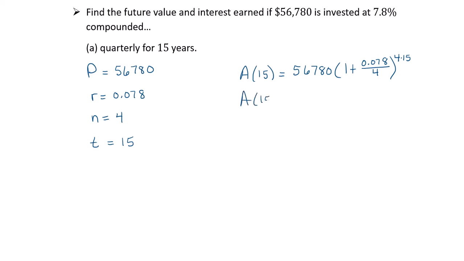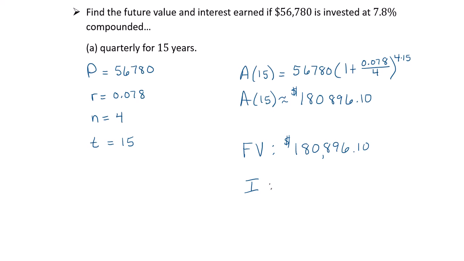Now, if I put this into the calculator, I get approximately $180,896.10. So the future value is that A of t that we just found, $180,896.10.